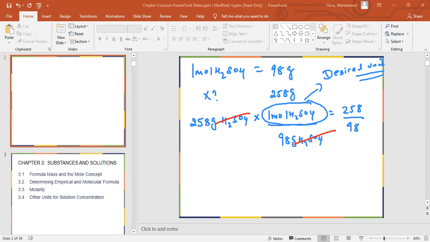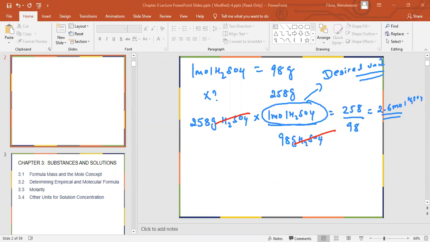So 258 divided by 98 is about 2.6 moles of sulfuric acid. That's how we convert moles to grams and grams to moles.